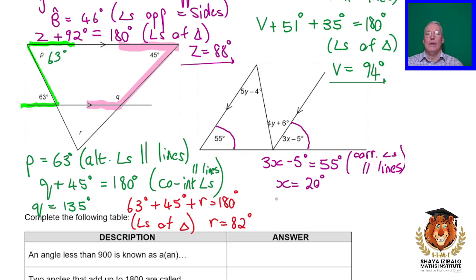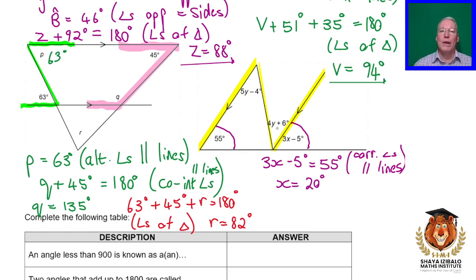Okay. Now, if x is 20 degrees, then I'm trying to see what we know here. Oh, yeah. In fact, we don't need to use the fact that x is 20 degrees. What do we know about these two angles? Well, look at the N or Z shape that we've got forming here, there, and there. We've got some alternate angles, haven't we?